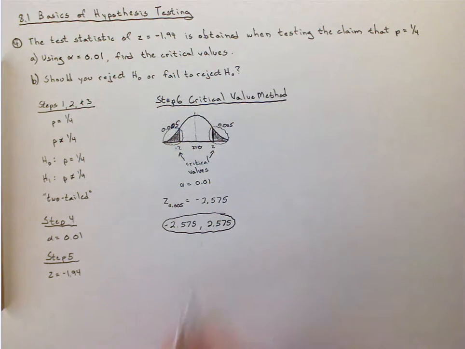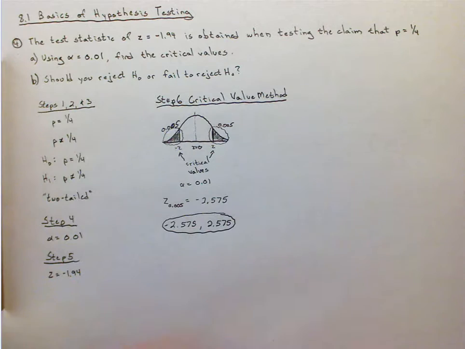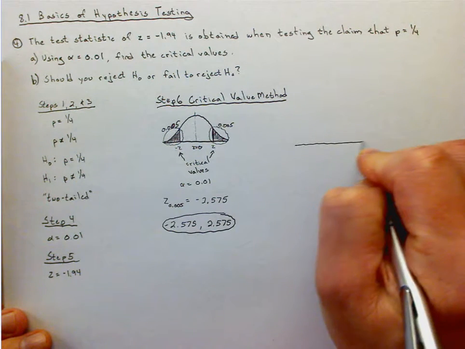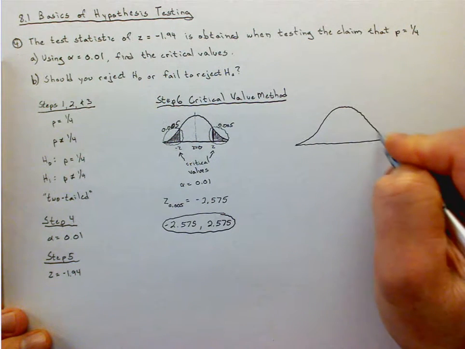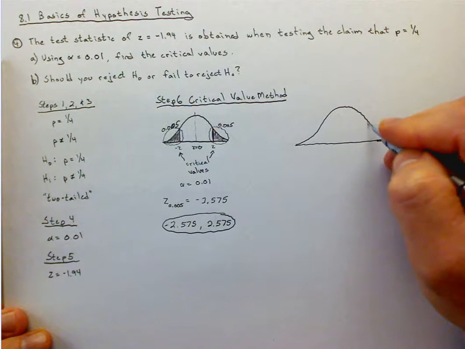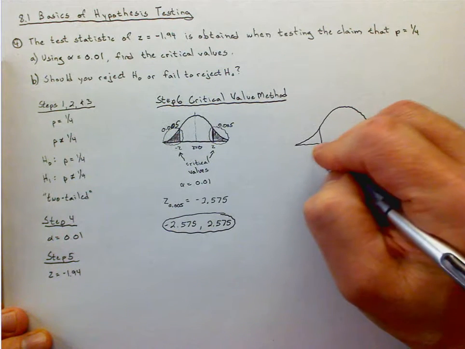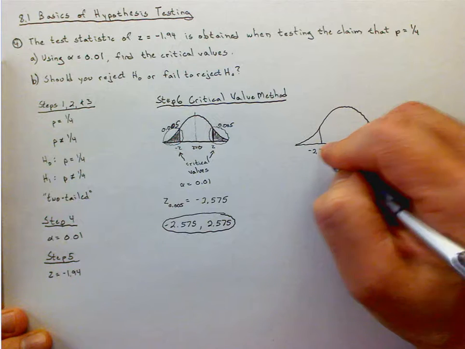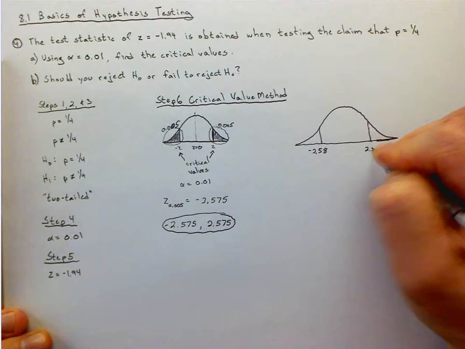These are my 2 critical values. Let me draw that out for you. I think it's better to visualize it. So I have my curve, and there's symmetry. This is a negative 2.58, rounded off, and this is a positive 2.58.